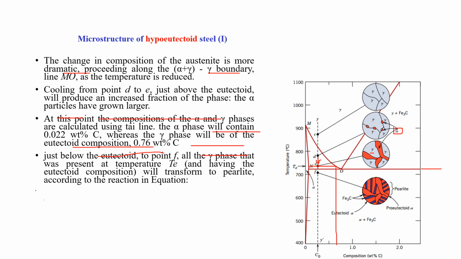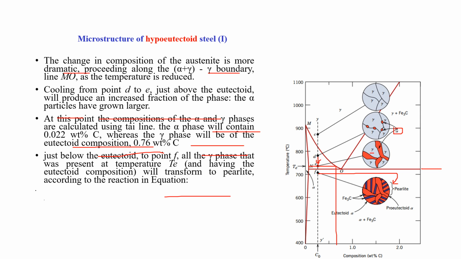All the gamma phase that was present at temperature TE at point E, having the eutectoid composition, will be transformed to pearlite according to the reaction we have discussed previously. At point F, all these particles are now transformed into pearlite.